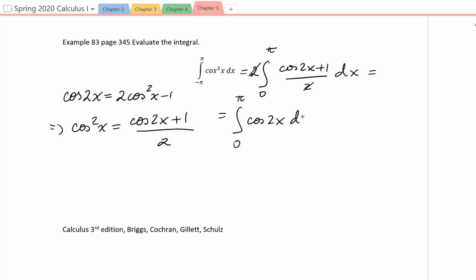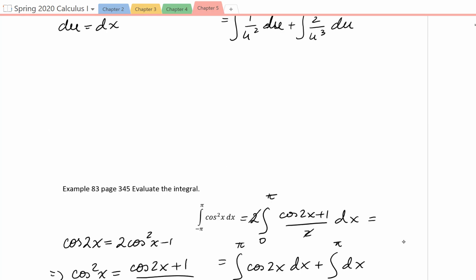plus the integral from 0 to pi of dx. Well, this one was done at the beginning, and the second one is just x from 0 to pi. So the first one you just calculated or replace it from the beginning, plus pi.